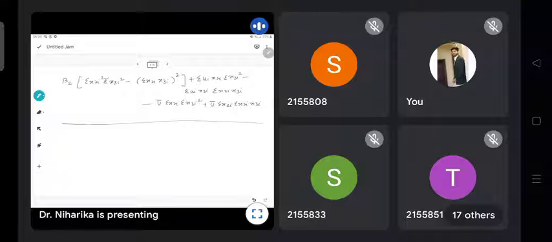So now in this expression, summation x2i and summation x3i. Can anybody tell me what this expression will be?